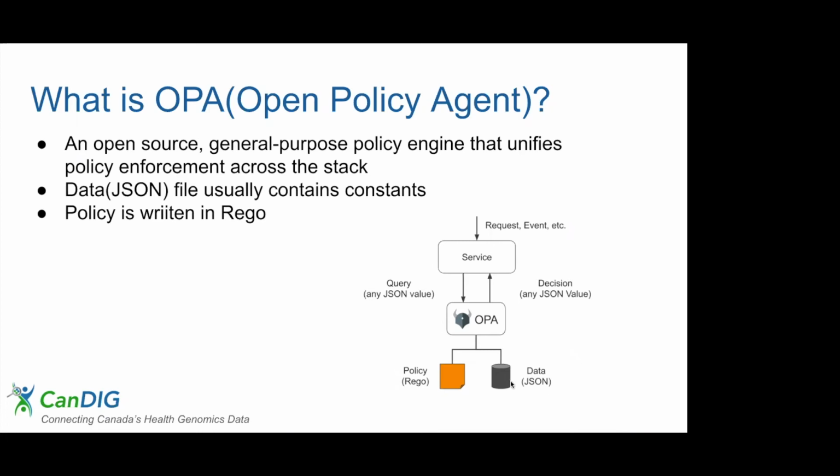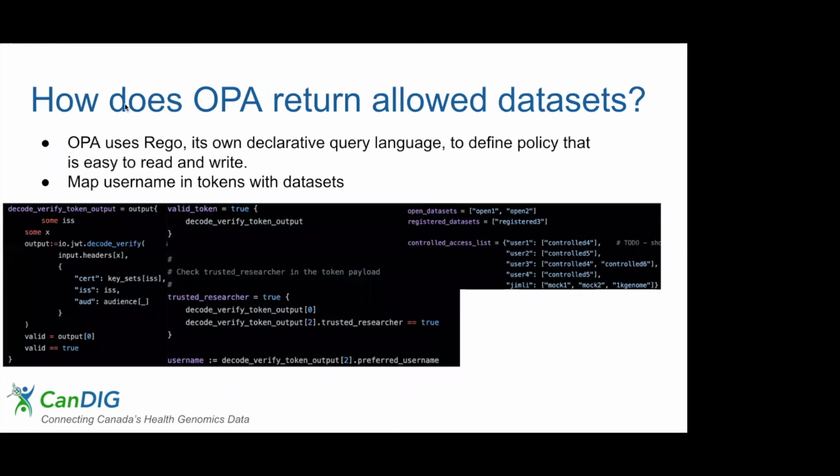It has data, which is a JSON file that usually contains constants, and the policy, which is written in Rego. Rego is OPA's own declarative query language to define policy that is easy to read and write.